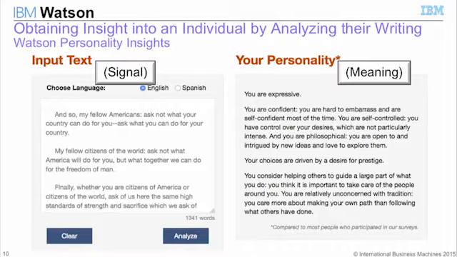And the demo application that comes with it takes as input a bunch of text, analyzes the text, and gives you the personality of the individual who wrote the text. And the way it's trained is by using a dictionary that really correlates word use to personality. And the sample that comes with this is actually President Kennedy's inaugural address.